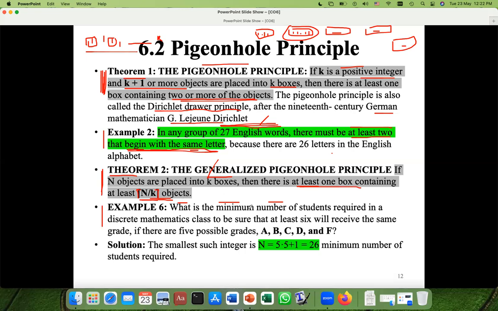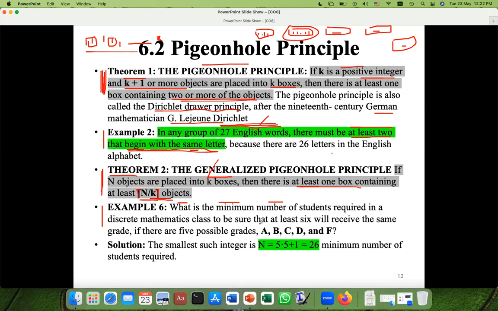Okay, what is the minimum number of students? Minimum means at least. What is the minimum number of students required in a discrete mathematics class to be sure that at least 6 students in that class will receive the same grade, if there are 5 possible grades?